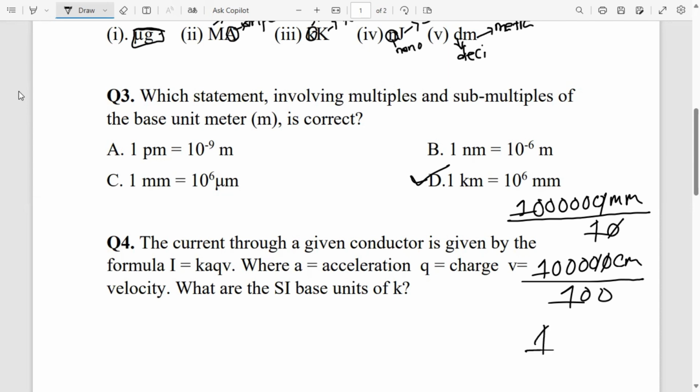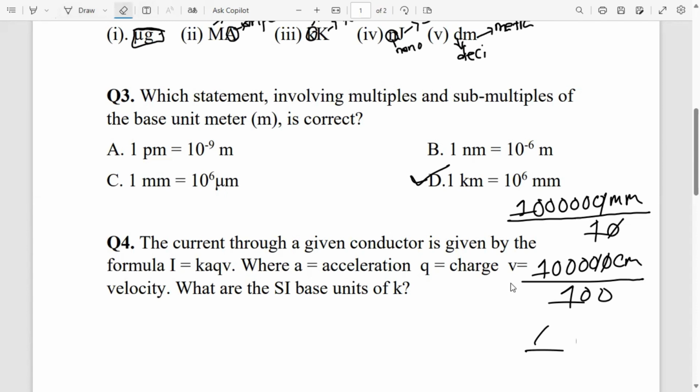I remain with 10,000. Wait, is it 10,000? Okay, so it's not 10,000, sorry.